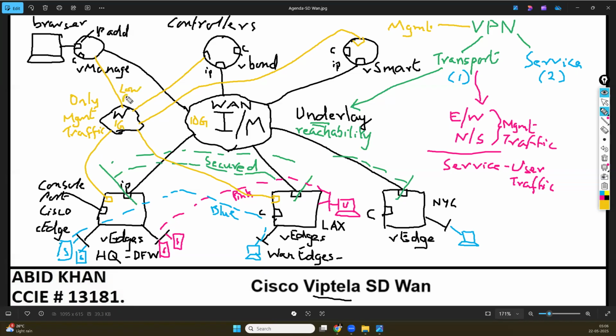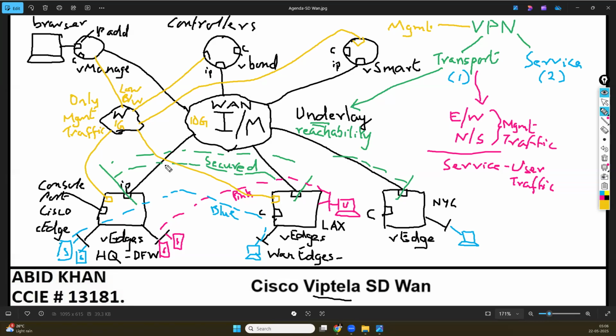This could be a low bandwidth WAN service, because management traffic will not be there every time. You don't need to have management traffic all the time. Initially, once you are configured, later on only the data will be going. Like in traditional WAN, we do routing only one time.